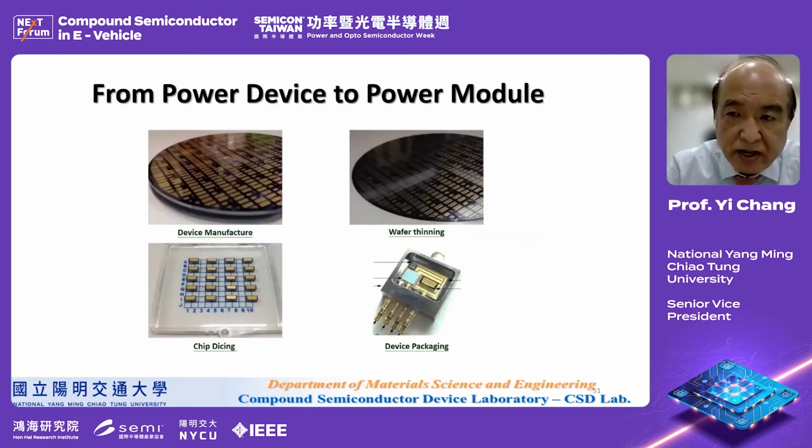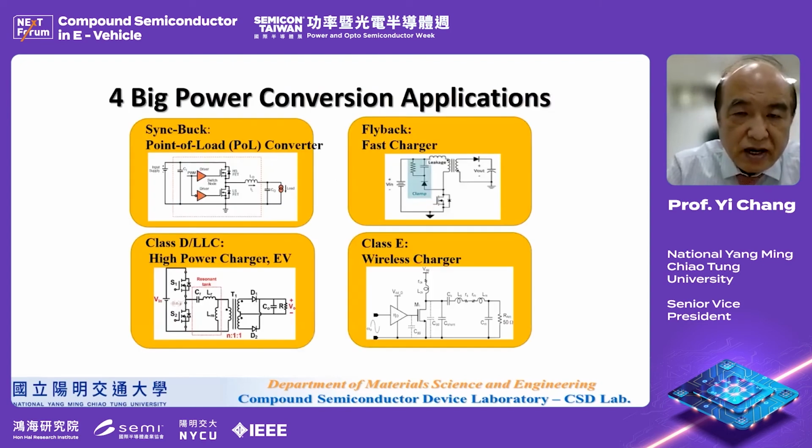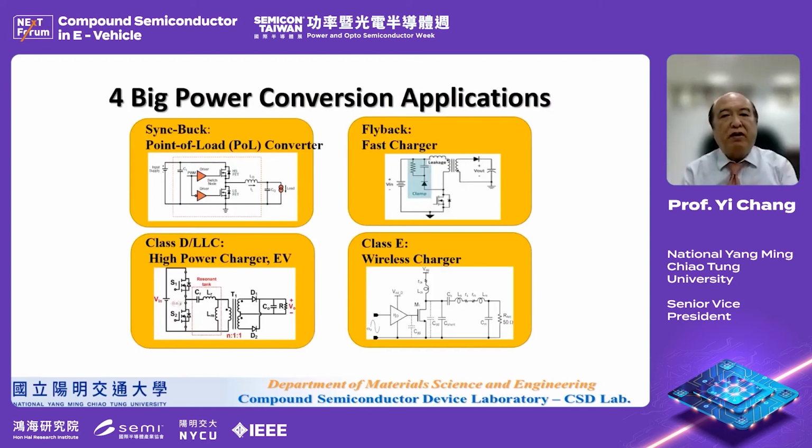This is the device we use to make the power modules. Here I'm showing two big power conversion applications: point of load converter and fast charger, and also high power charger for EV, and wireless charger.